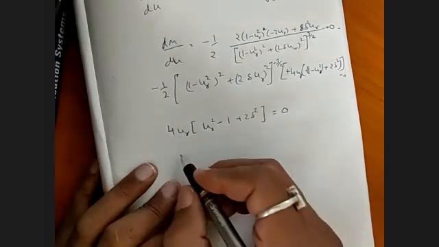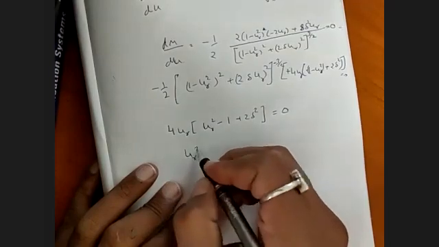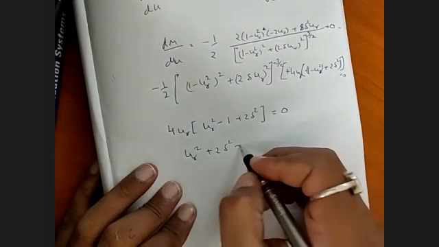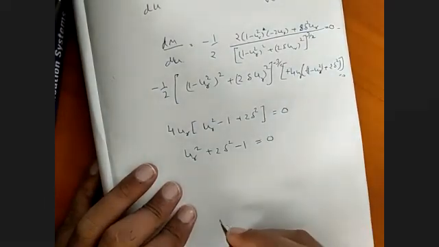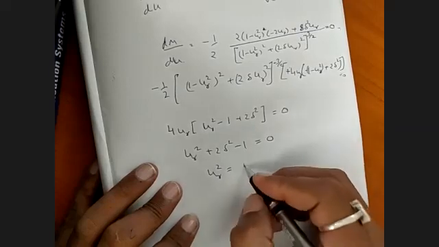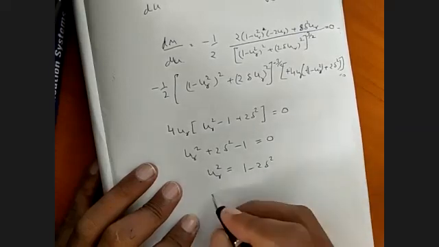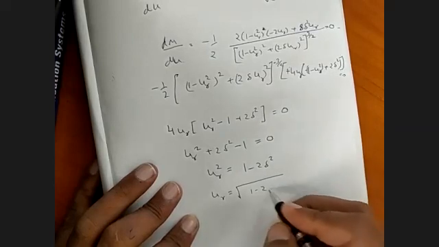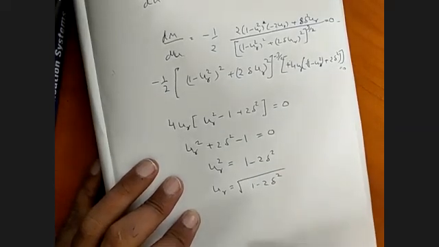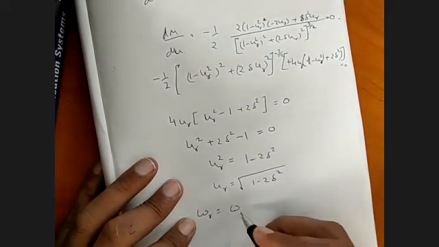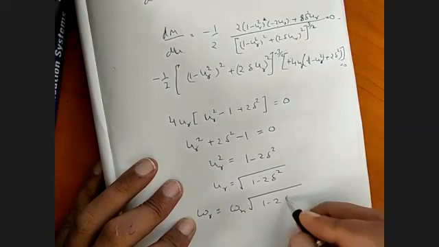So this will become UR square plus 2 del square minus 1 equal to 0, and UR square equal to 1 minus 2 del square. That means UR equal to under root 1 minus 2 del square. That means omega R equal to omega n under root 1 minus 2 del square.